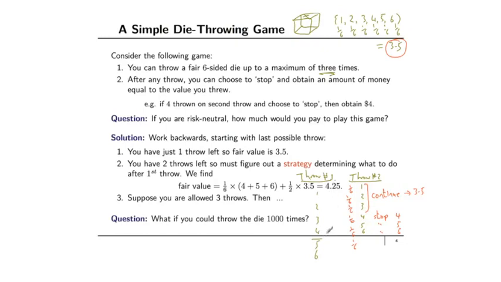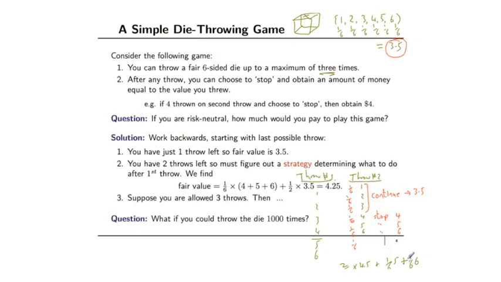Because the fair value of continuing with 2 throws remaining would be 4.25, which is greater than 4. Otherwise, if we get a 5 or 6, we would stop. So you can actually compute the fair value of this game. It's going to be 2/3 times 4.25 plus 1/6 times 5 plus 1/6 times 6. And that's the fair value of this die throwing game.